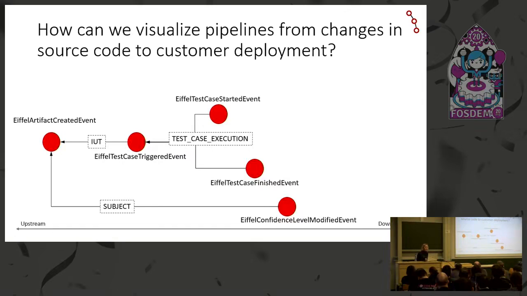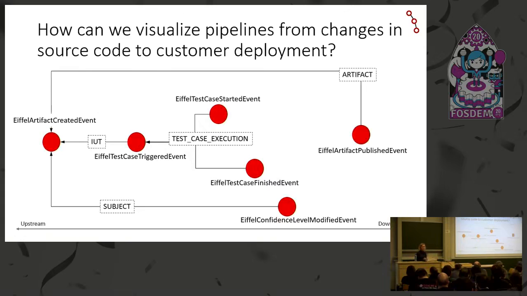So this is very useful for us as listeners or consumers of this product. We know once it has been tested enough. We know when it's reached the confidence level we want it to have before we actually start using it. And once the last event comes in, the artifact published event, we know where we can find it. Where is the artifact located? Where can I download it?